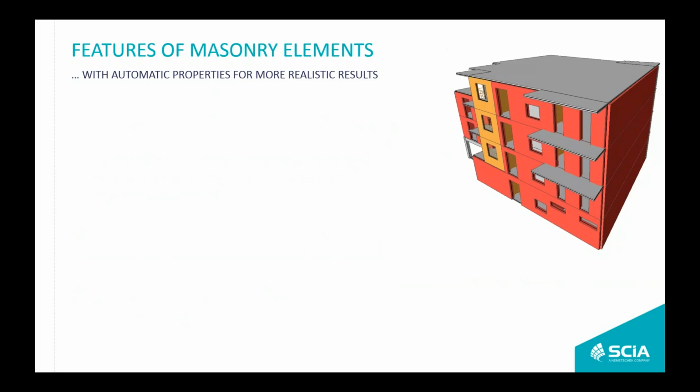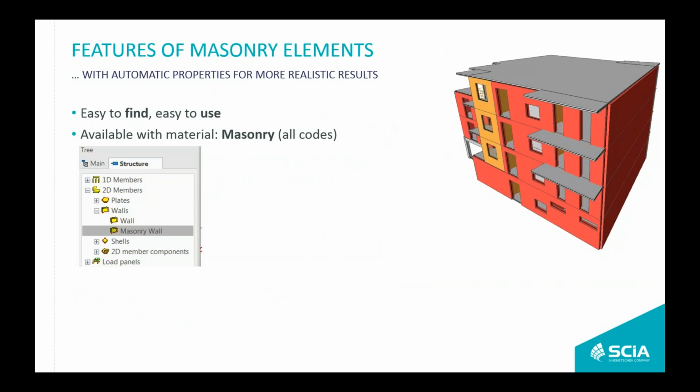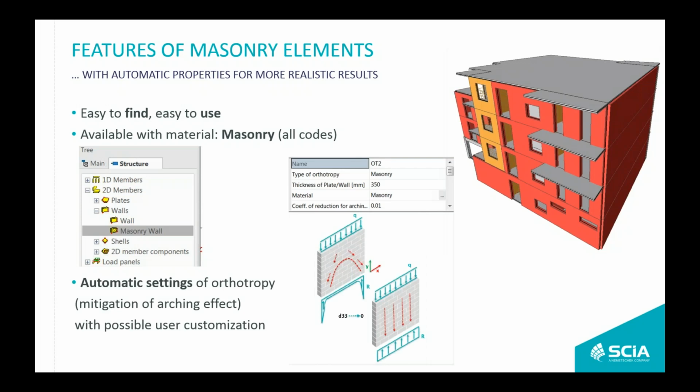The main importance of the masonry elements is that they are easy to find and easy to use. In the tree, if you select service structure under walls, you see right away the element named masonry wall. This element is available in the service once any material of type masonry is enabled in the project.